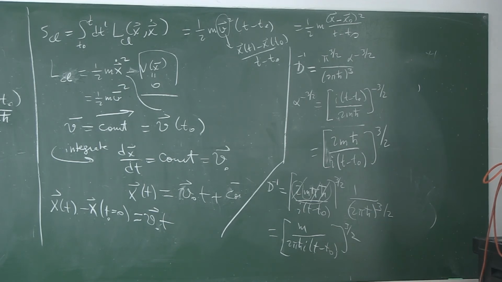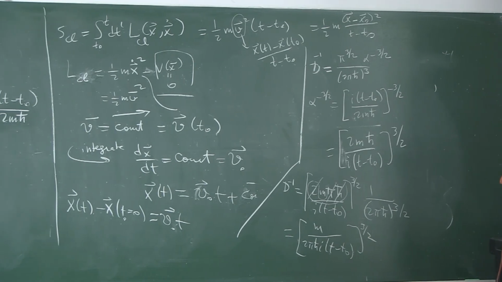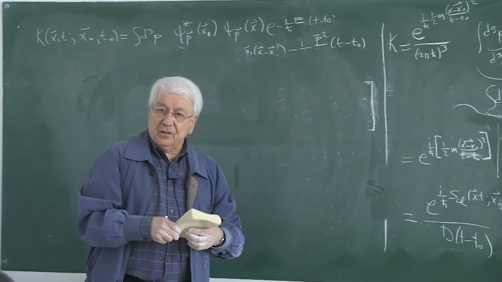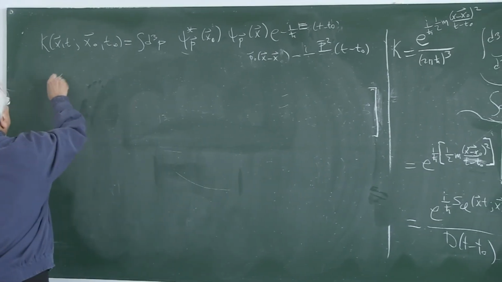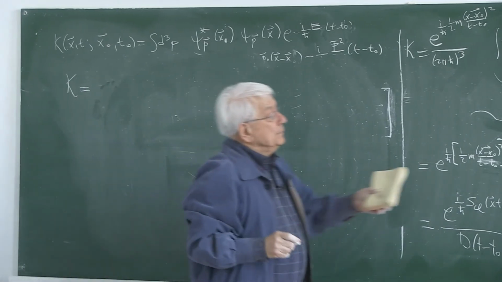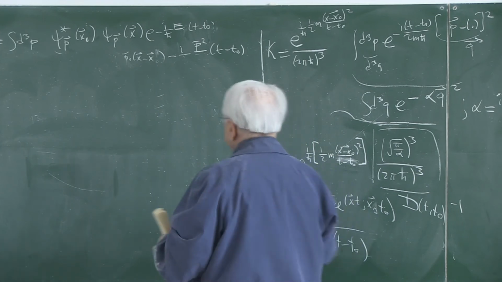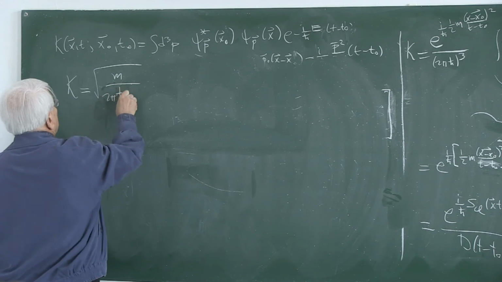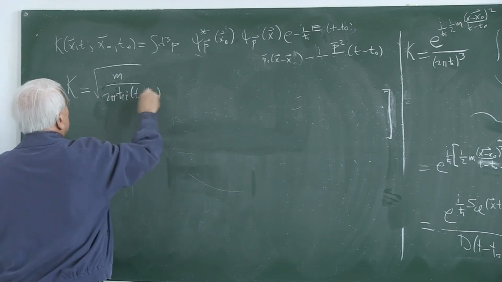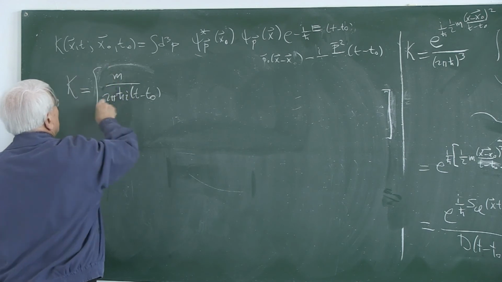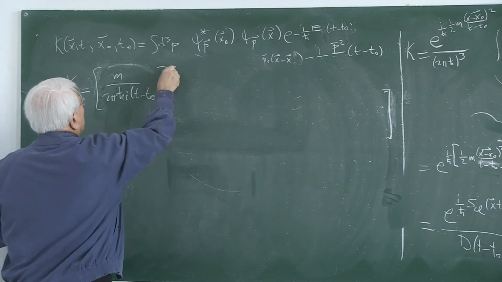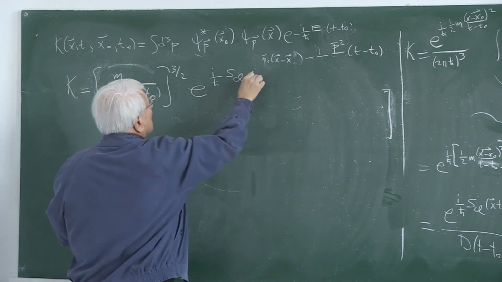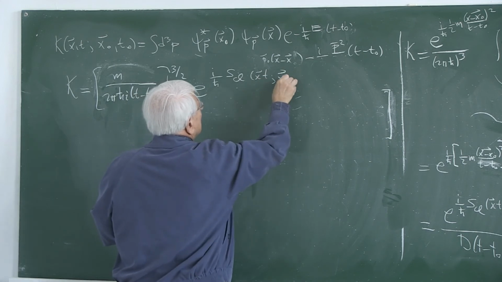We have used an already known result from the canonical version, substituted in the representation that we have obtained for the K, and we are getting an explicit expression for the K. So K is m over 2 pi h bar i (t minus t0), to the 3/2, times e to the i over h bar S classical (x t, x0 t0).